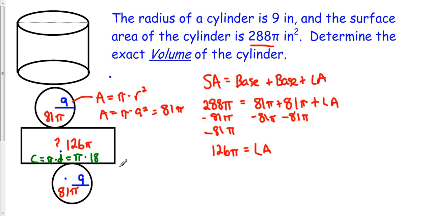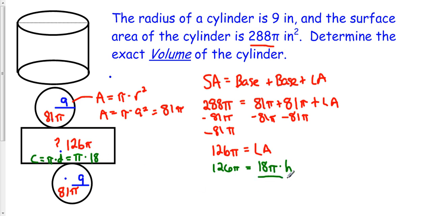So for the lateral area, this would be 18 pi times the height of that rectangle, which is the height of the cylinder, and that's going to equal 126 pi, because we know this area is 126 pi.